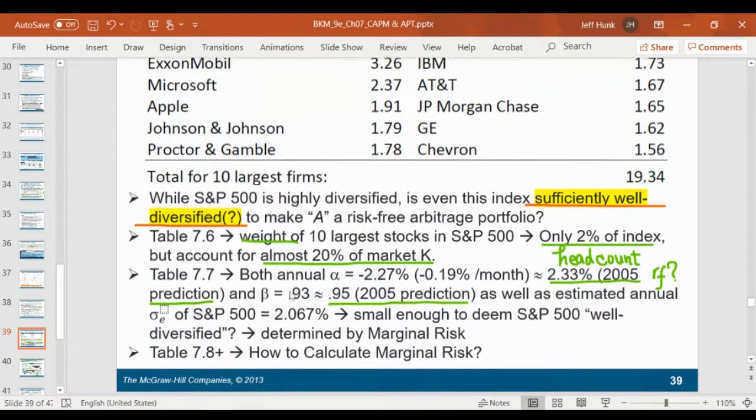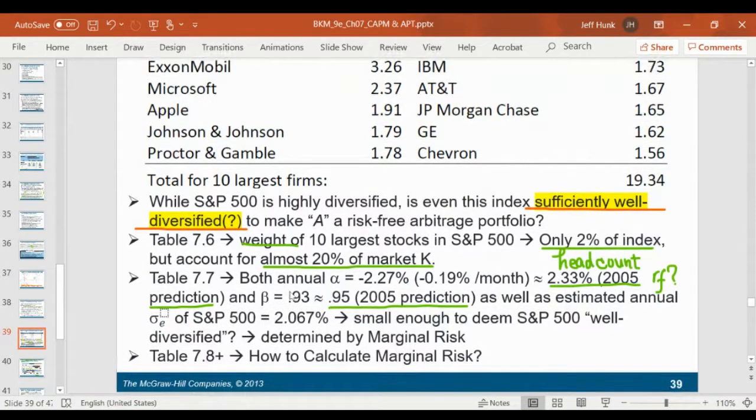So the forecast made at the end of 2005 pretty much coincides with our regression result.